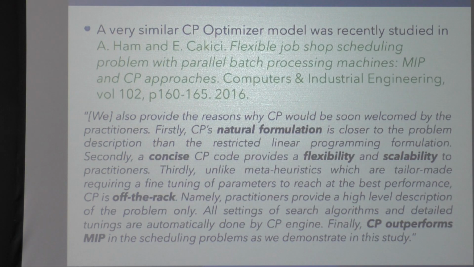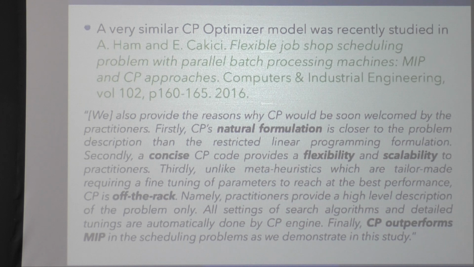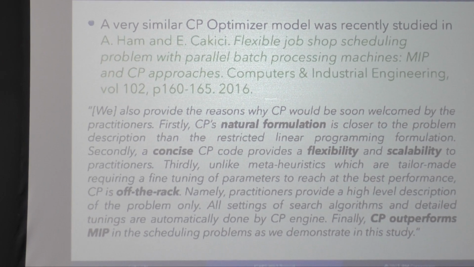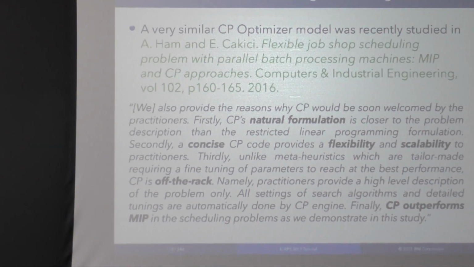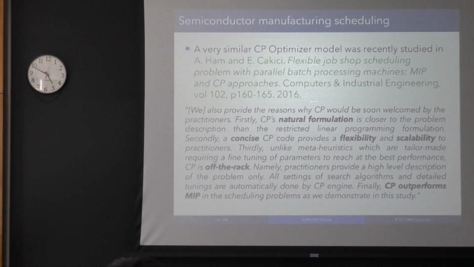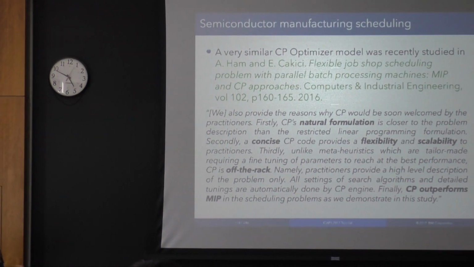There was a paper recently by some people. For instance, the first author, a year and a half ago, did not know anything about CP. He was used to working only with MIP for scheduling problems. And then he discovered CP Optimizer, and now he's a big fan and uses it for everything for scheduling.